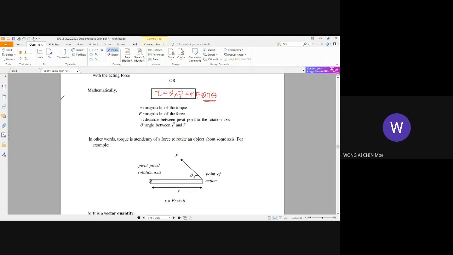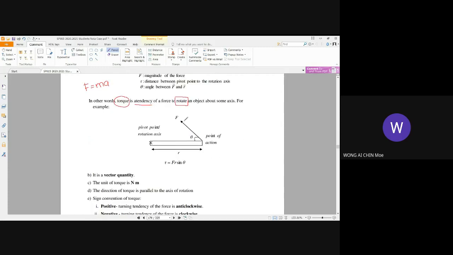Okay, previously in a linear motion, we say F equals to ma. So torque actually is the tendency of the force to rotate an object about some axis. So for example, let's say this is the pivot point. Let's say we write a star here.